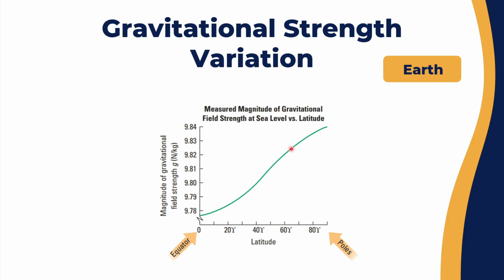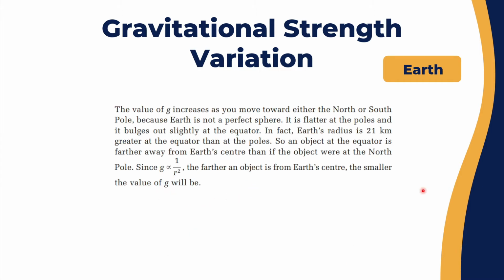That is because you are getting closer to the center of the Earth, while on the equator you are the farthest from the center of the Earth, where the magnitude of gravitational strength is decreased. So we can summarize that the value of G increases as you move toward either the north or the south pole, because Earth is not a perfect sphere, as we mentioned: on the poles it is flat and it is slightly bulged at the equator.